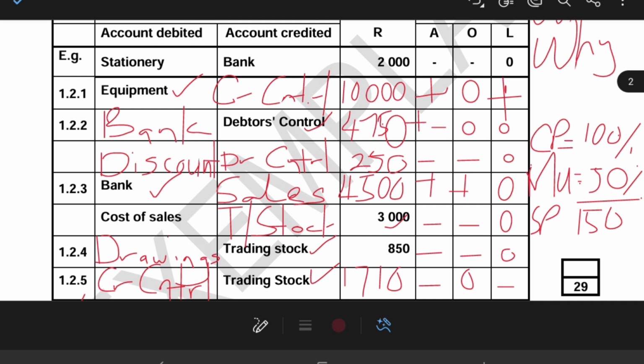It has to be a plus plus or a minus minus, except for 1.2.2, where you will see that we had a plus and a minus on assets only, which amounts to a zero because it's subtracting and adding the same amount. And then we also have zero on the other side of owner's equity and liabilities.